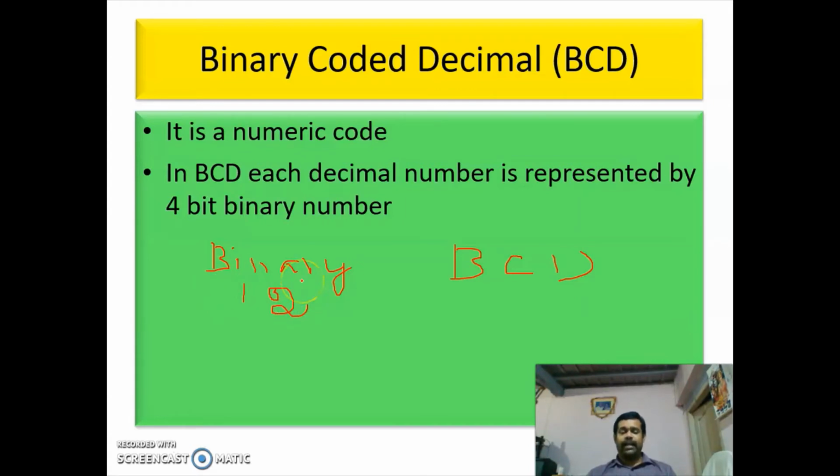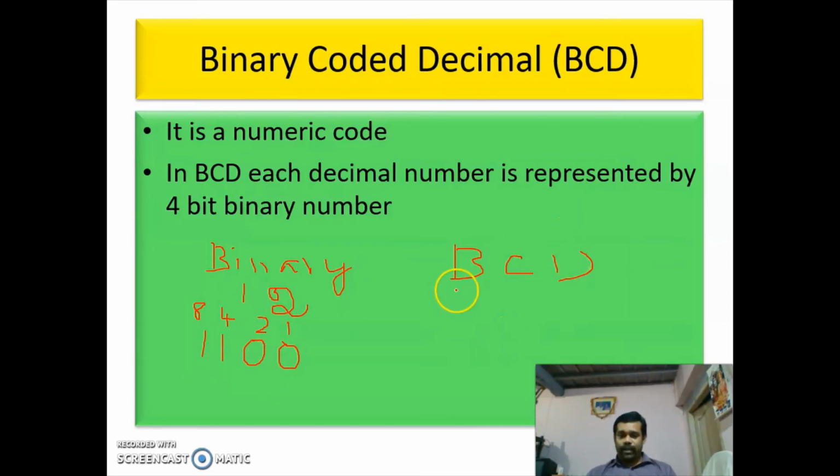In binary, the value of 12 is 1100. How do we write it? We write 8, 4, 2, 1. So what is the value of this number 12? You have to put 1 in the place of 8 and in the place of 4, so we get 1, 1, 0, 0.